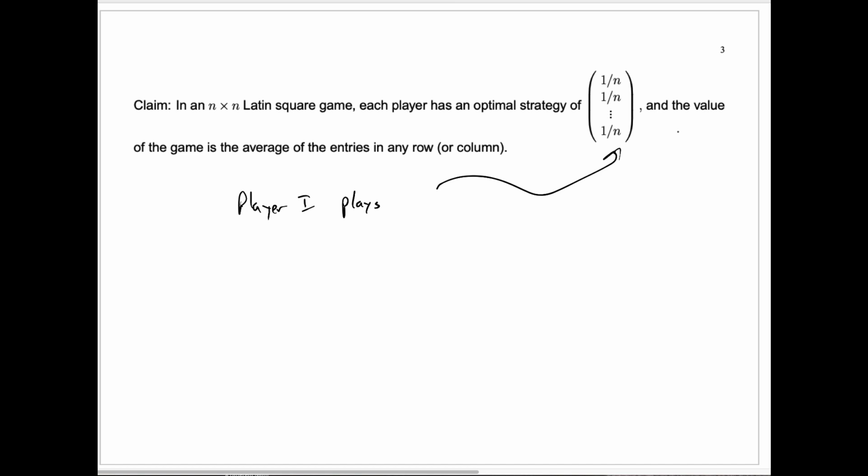And since every column contains the same n numbers, that will be the same for every column. So that average will be a number v, which will be the expected return no matter what player 2 does.